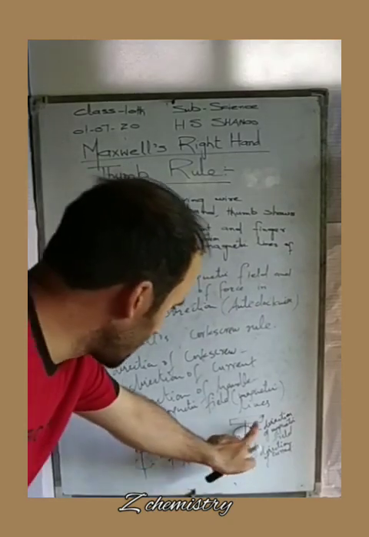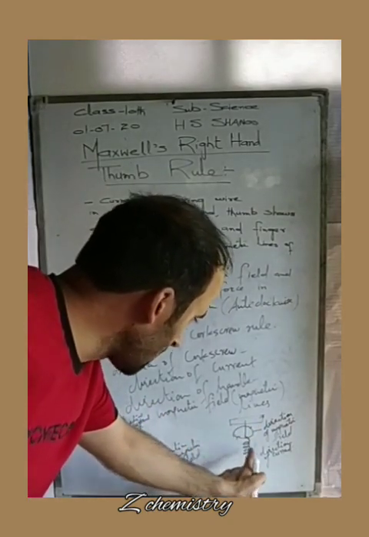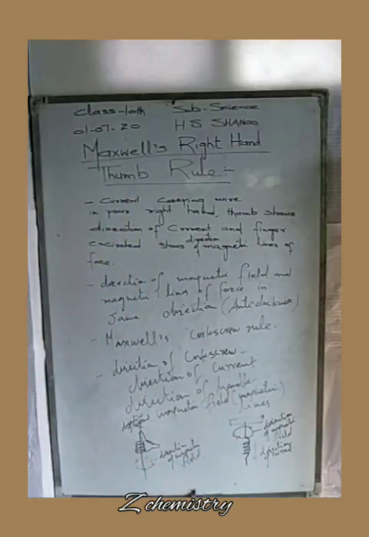The screw part shows us the direction of the current, and the direction of the handle shows us the direction of the magnetic field or the magnetic lines of force.